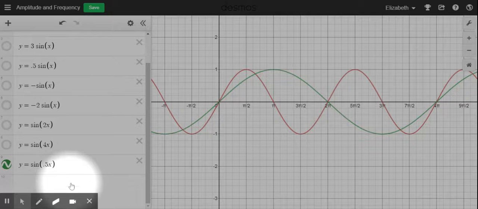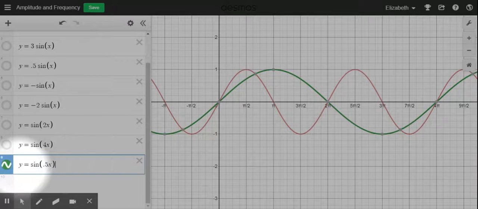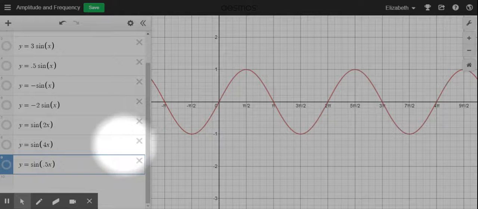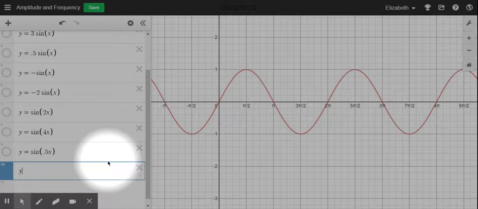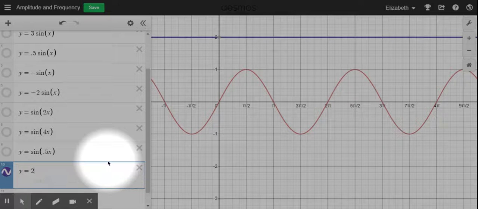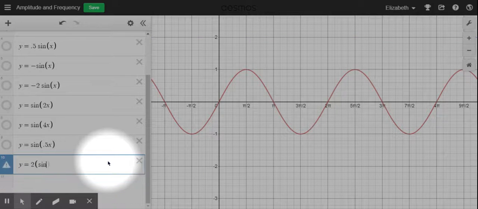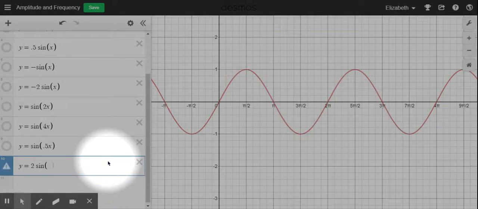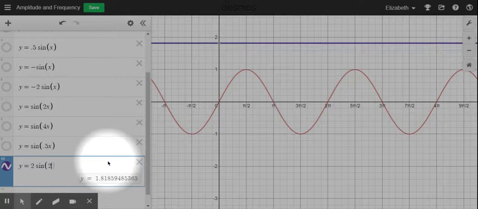Okay, let's do 1. Let me actually turn that one off. That's regular sine right there. Let me type in one more that puts an amplitude and a frequency. So let's do 2 times the sine of 2x.